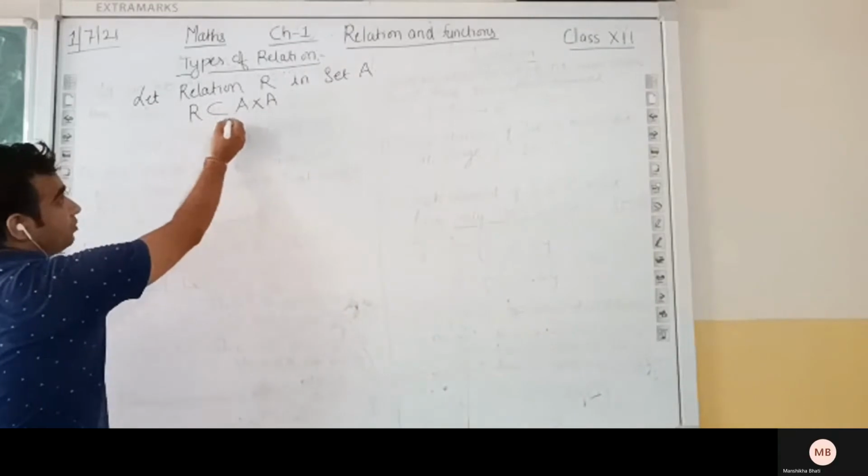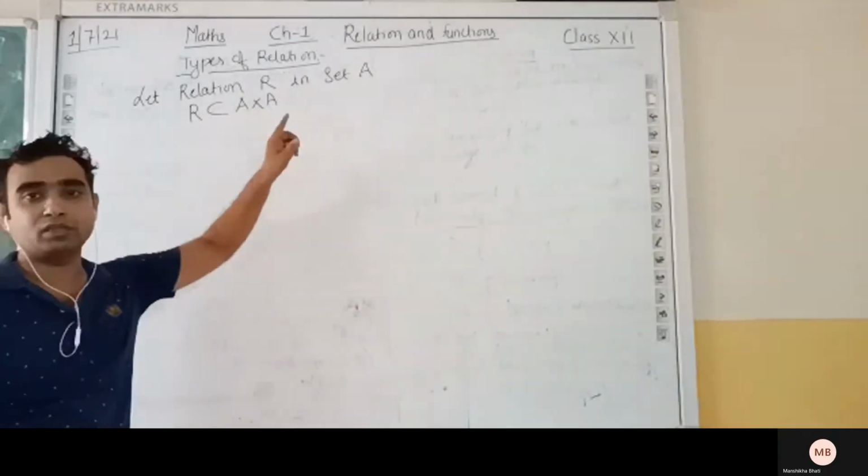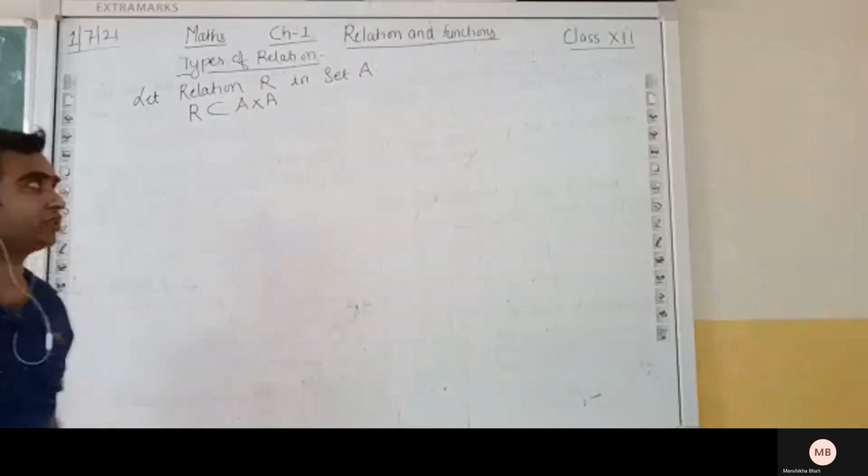R is a relation which will be a subset of the A cross A. As we have just discussed, A cross A gives all the possible relations.